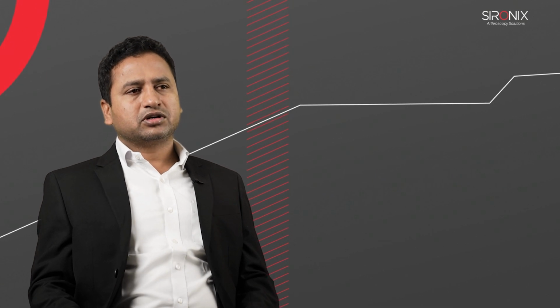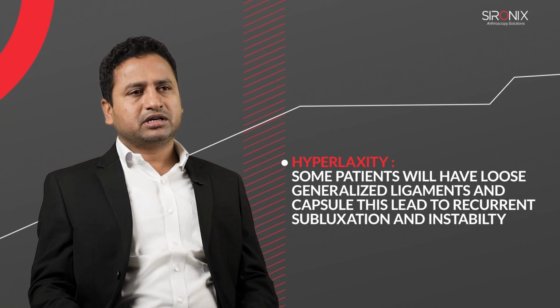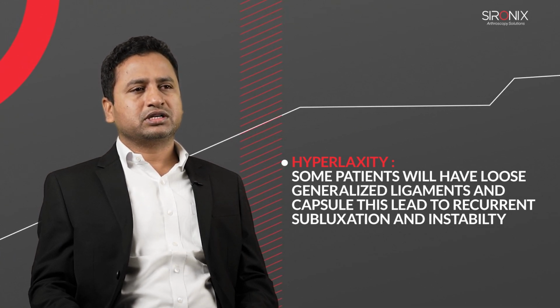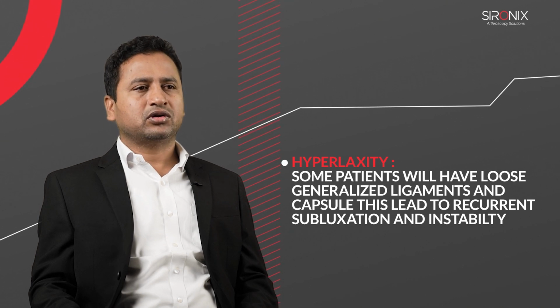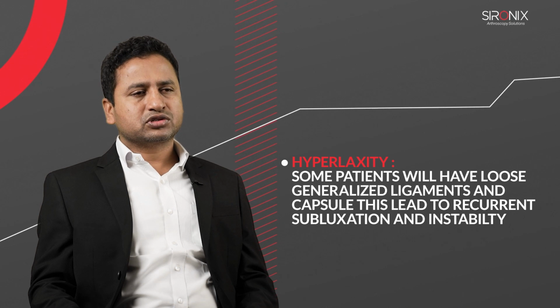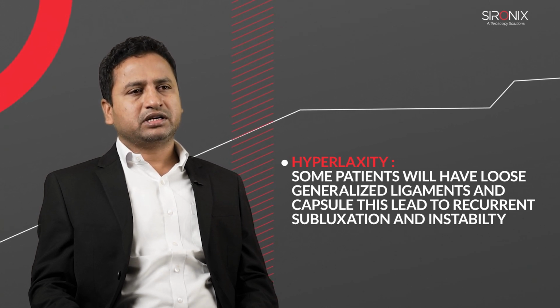The second common cause is hyperlaxity, where there is generalized ligamentous laxity. These patients will feel their shoulder is very loose and not stable. This hyperlaxity most commonly causes recurrent subluxation and instability symptoms.